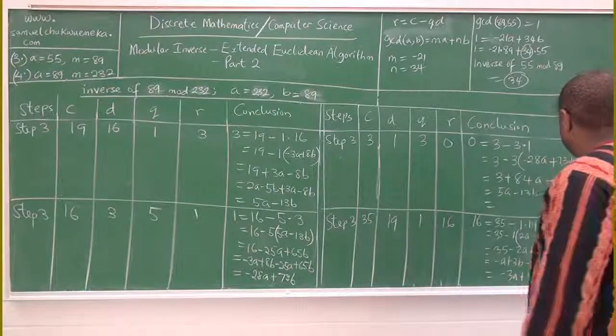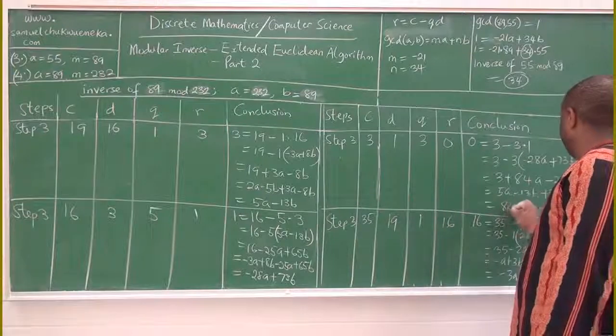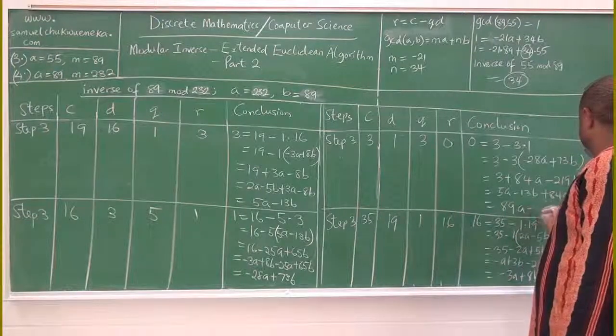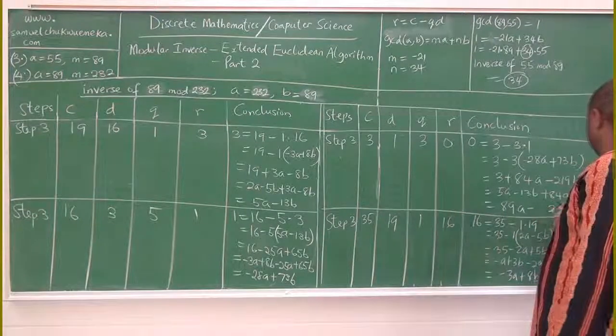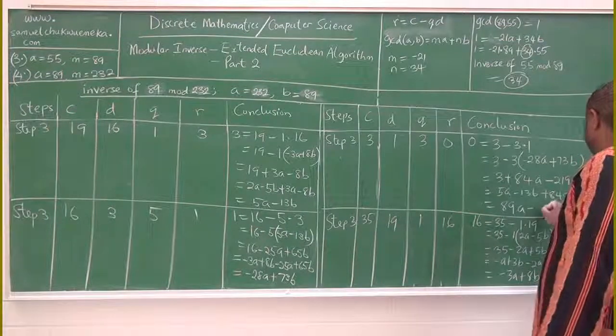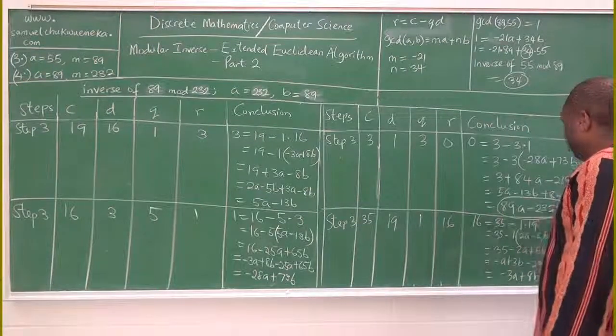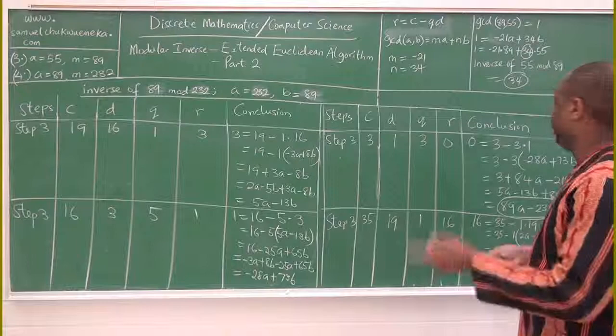And that will give us 5 plus 84 is 89a, then minus 9 plus 3 is 12, 1 plus 1, 2 plus 1, 3, 2, 3, 2b. Yes, we got it. 2, 3, 2, and 89.